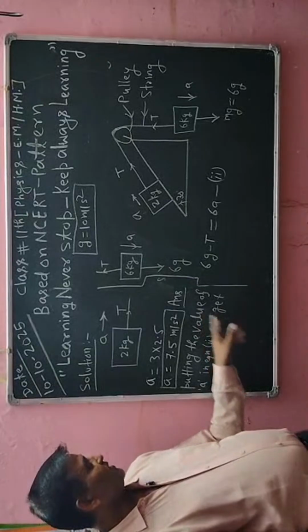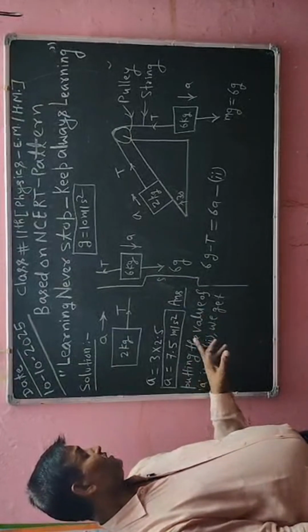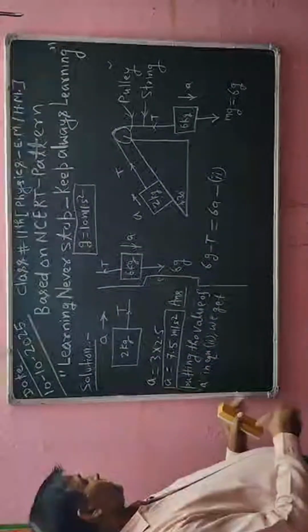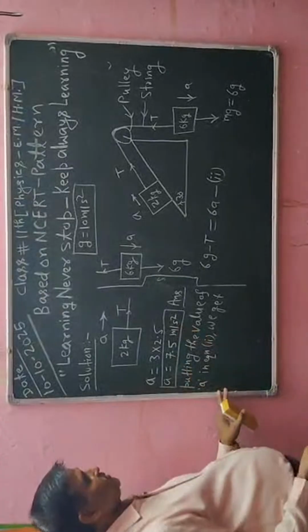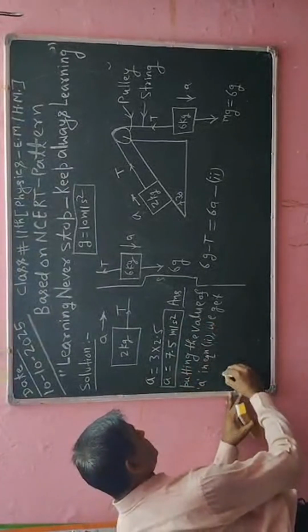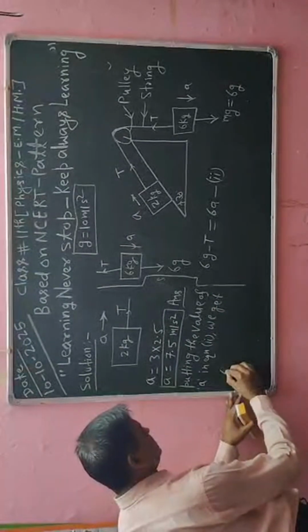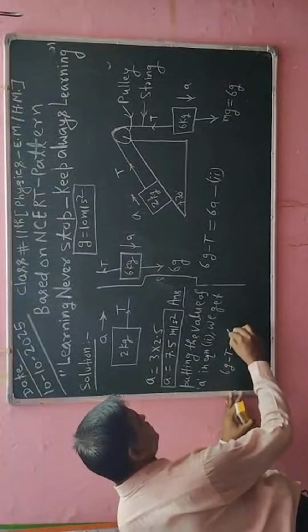Now I will write here equation number 2, and then in equation number 2 I will put the value of A, that is 7.5 meter per second square. So equation number 2 is 6g minus T, which is equal to 6a.